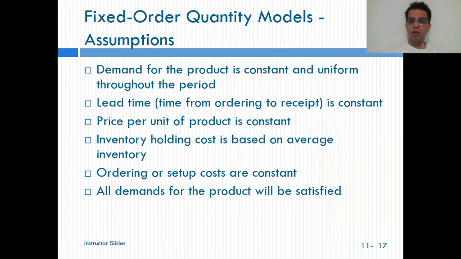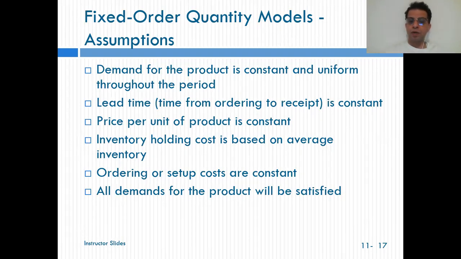Now, in the fixed order quantity model, the assumption is that demand for the product is constant and uniform throughout the whole period. The lead time, the time from ordering to receipt, is constant: 1 week, so when the stock reaches a certain amount, you make the order 1 week before.